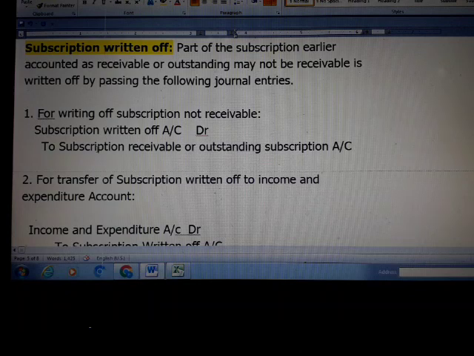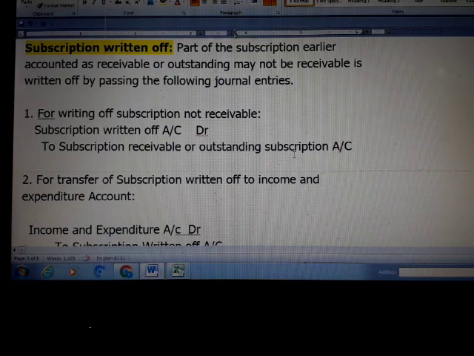So in the same way, out of total subscription outstanding, some portion or the entire amount of outstanding subscription might not be receivable. So in that case, we need to pass a journal entry. What is that journal entry?